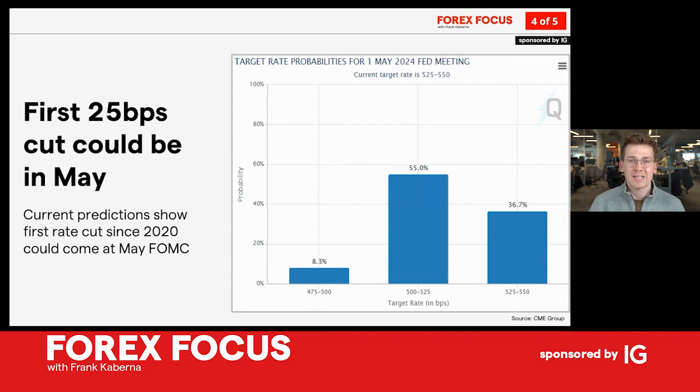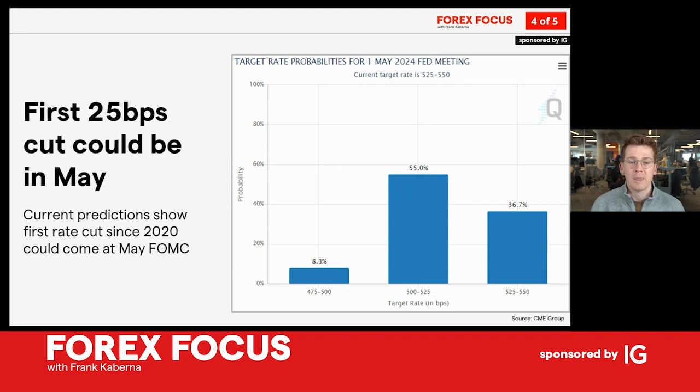Well, like I said, they usually cut or hike in 25 basis point increments unless there are some crazy circumstances like the pandemic, where something comes out of nowhere and they cut by 100 basis points or 75 basis points, more or less but more than that 25 basis point increment.